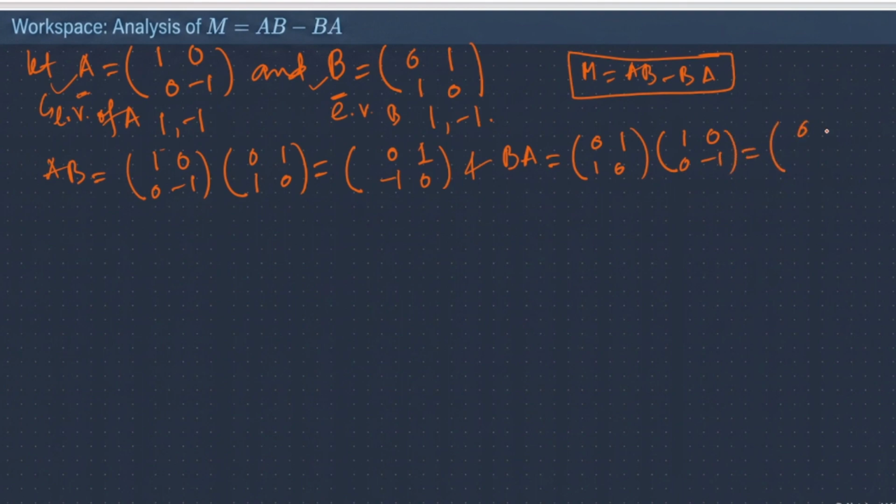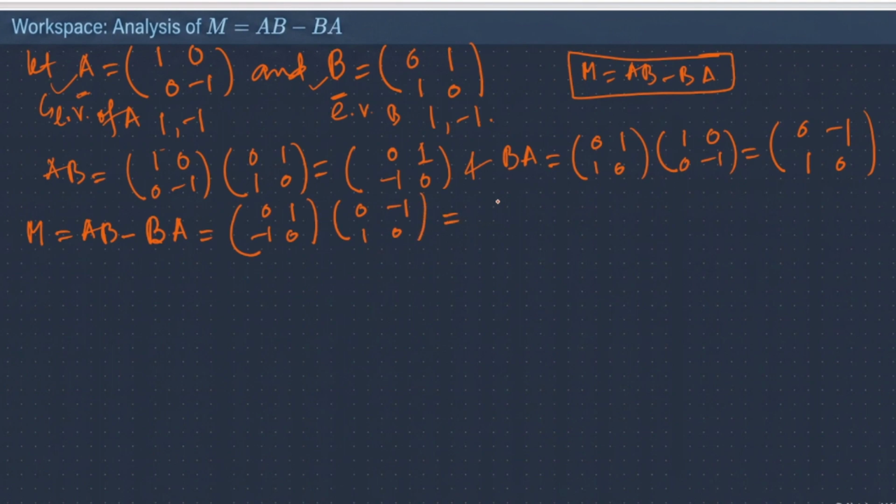Multiplying, we get 0, minus 1, 1, 0. Now M equals AB minus BA, that is 0, 1, minus 1, 0 minus 0, minus 1, 1, 0. Therefore, this equals 0, 2, minus 2, 0.